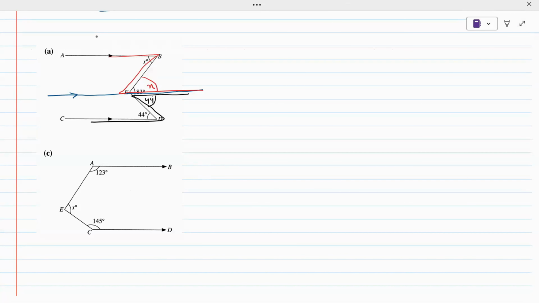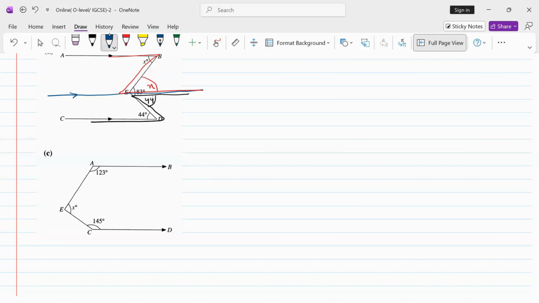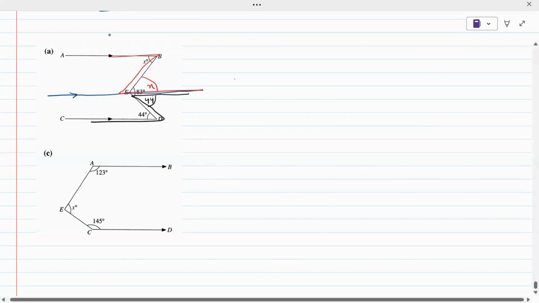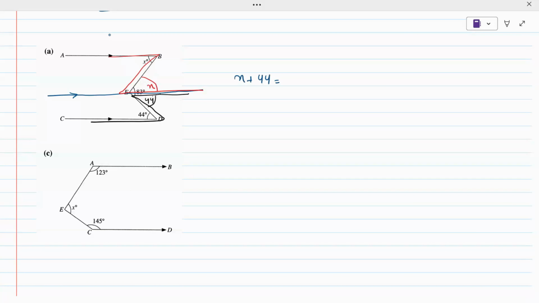What is the equation? The total angle at point E has been divided into two different segments. Both these angles sum up to 83 degrees. So the equation to be made here involving X would be X plus 44 is equal to 83. So X is 83 minus 44. That's 39.